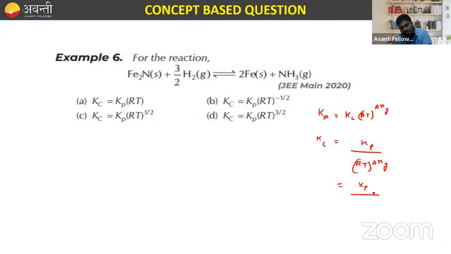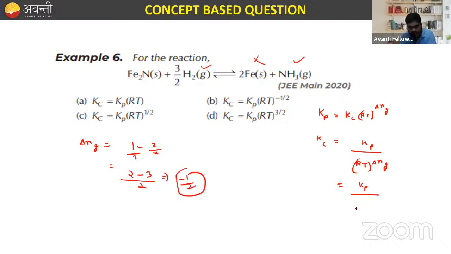Can you calculate delta Ng for this reaction? The solid is not taken, so delta Ng equals 1 minus 3 by 2, which is minus 1 by 2.